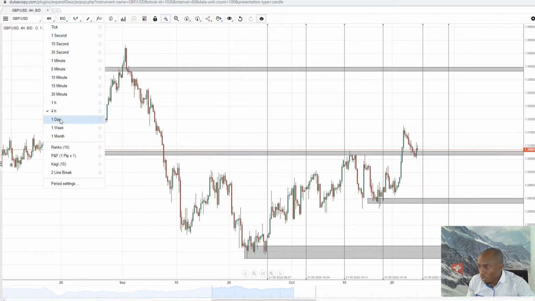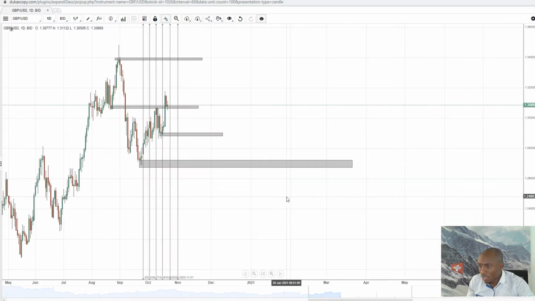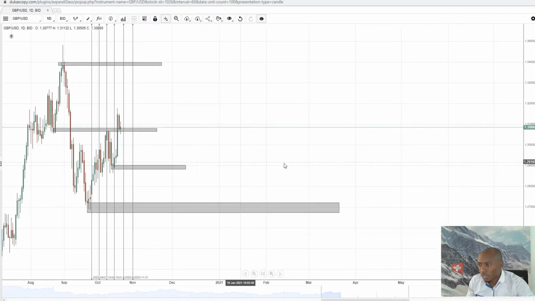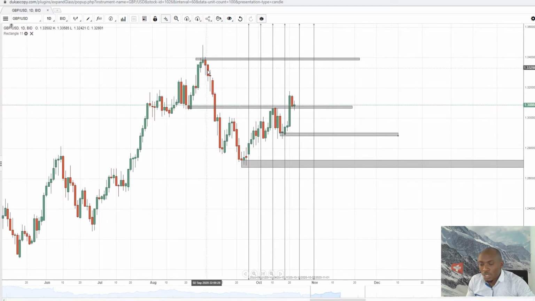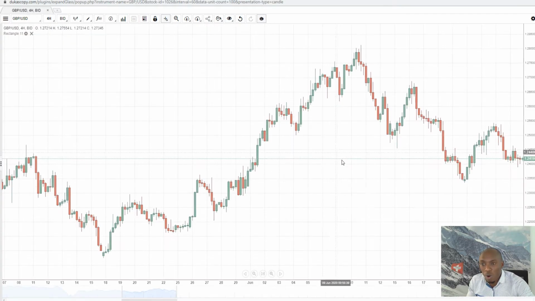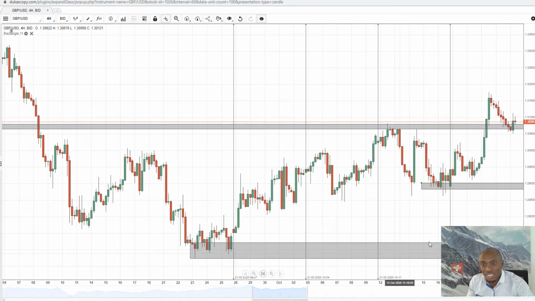let me go to the daily time frame first. Look, there was a clean traffic to the downside. I'm telling you, expect to have this clean traffic to the upside on the daily. On the 4 hours it's the same.